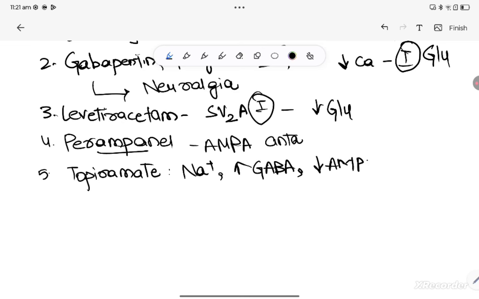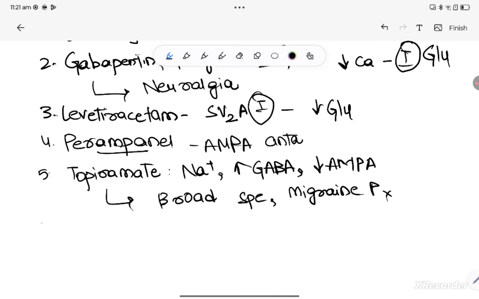Along with all these specialties, topiramate is also a broad spectrum agent, and one advantage is that it can also be used in migraine prophylaxis.